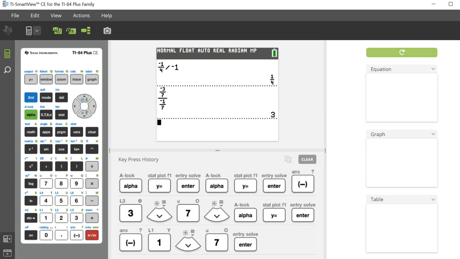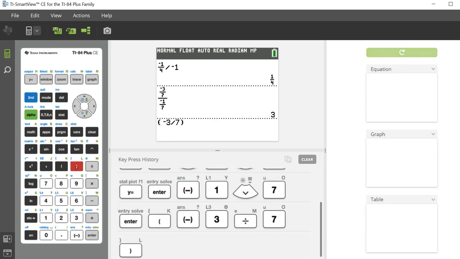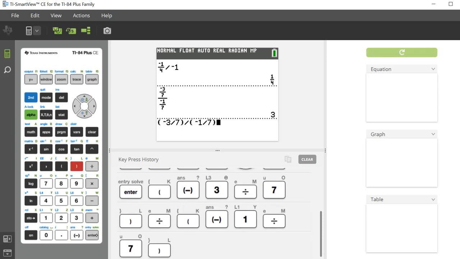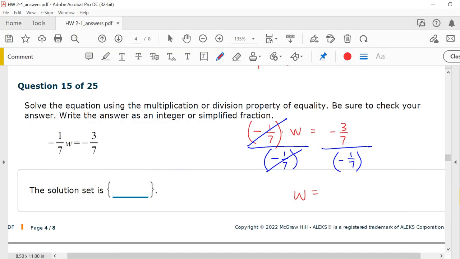And I get 3. If you don't like using this fraction template, you can also type in negative 3 divided by 7 in parentheses, divided by, parentheses, negative 1 divided by 7. That will do the same thing. It's all personal preference. Okay, I get w equals 3.